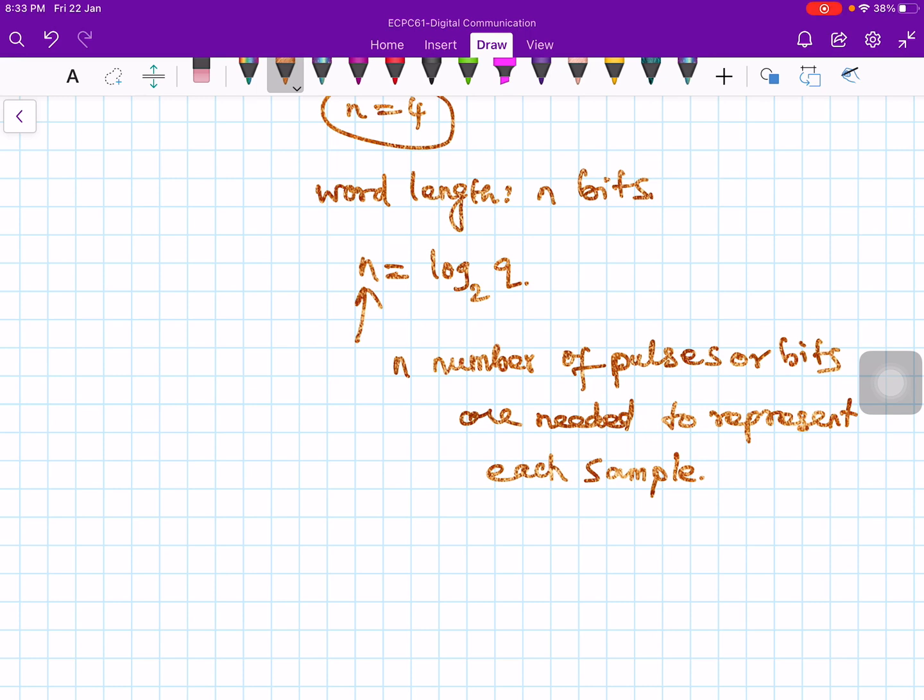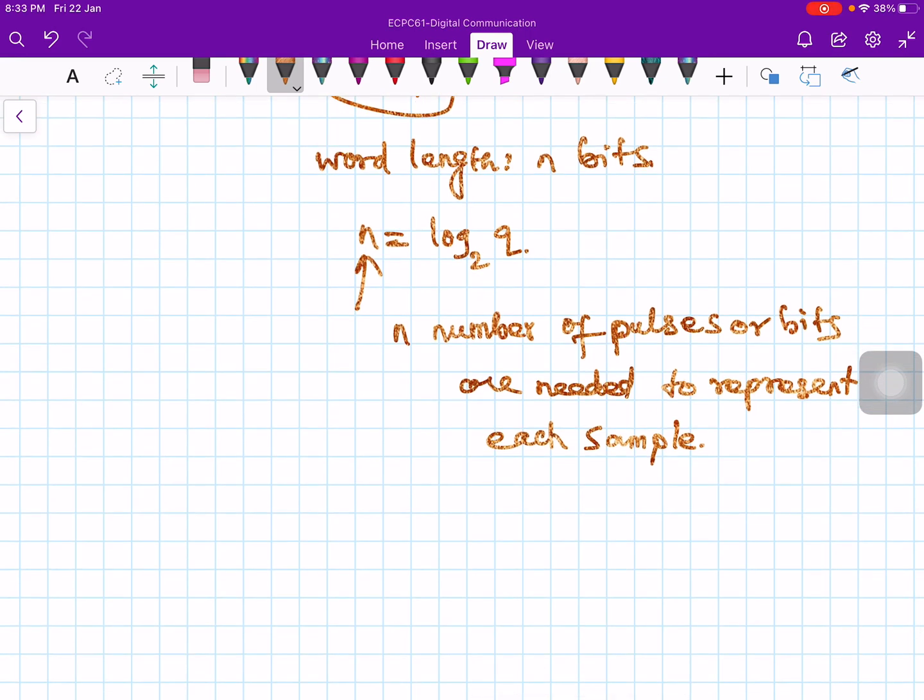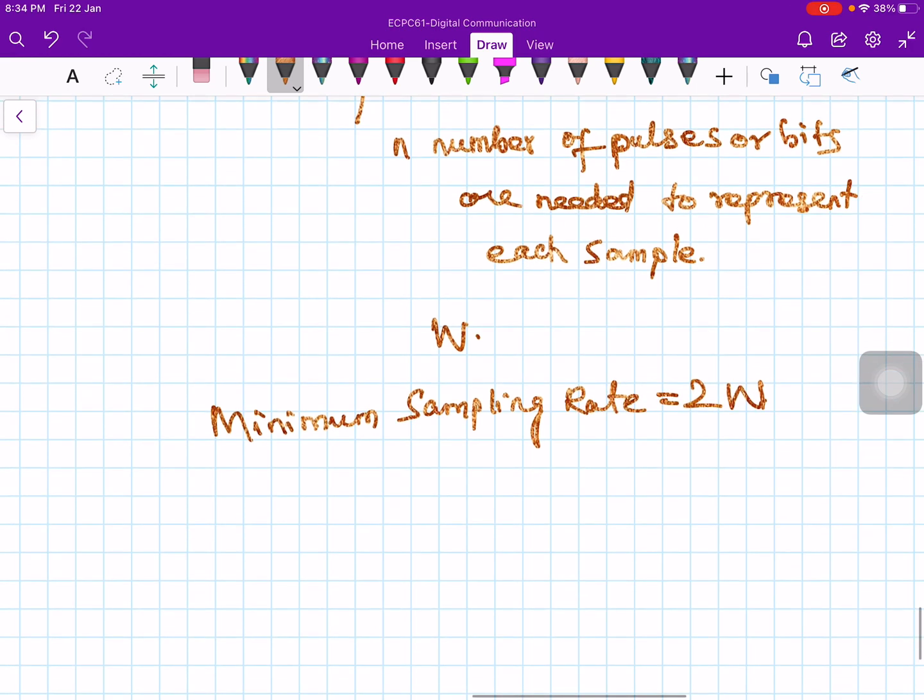Let's say your message signal m(t) has bandwidth W. Then the minimum sampling rate is equal to 2W. So the total number of samples in a second is 2W. This is my sampling rate.